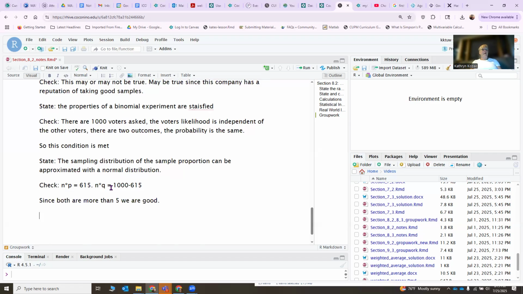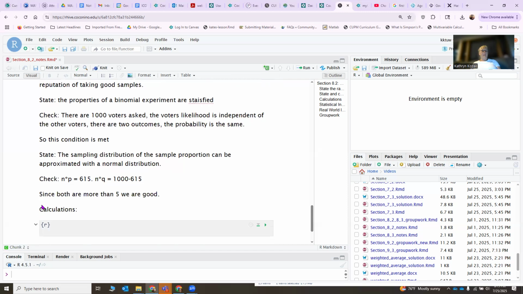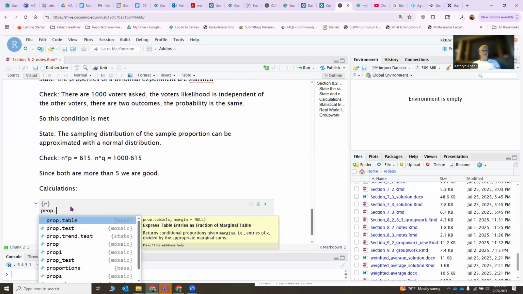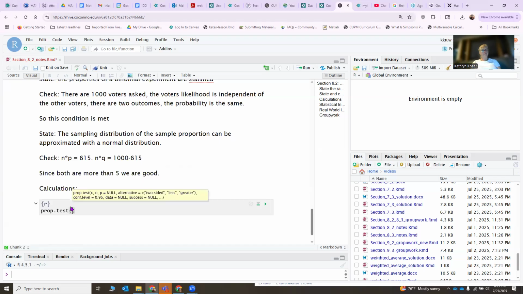All right, now we get to our calculations. So we'll insert our R chunk. We're doing a prop dot test. We had 615 as our X value, as the number we actually found out of the 1,000 we counted from.